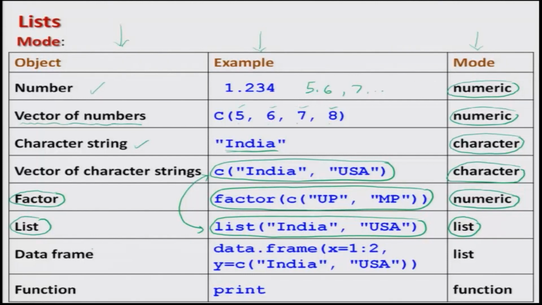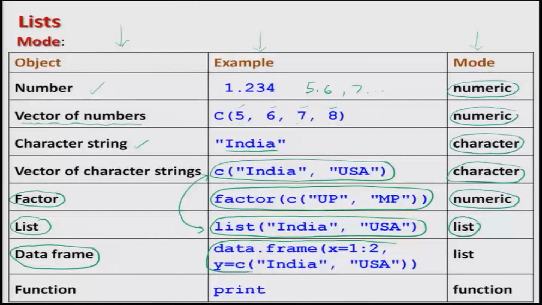And similarly, there is another object which we call a data frame. We have not done data frames up to now, but we will do it in the forthcoming lectures. So, till then you have to wait to understand what we really mean by data frame. But anyway, a data frame can contain different types of data, characters or numbers, and it is denoted by data.frame over here, and the mode of a data frame is also a list.